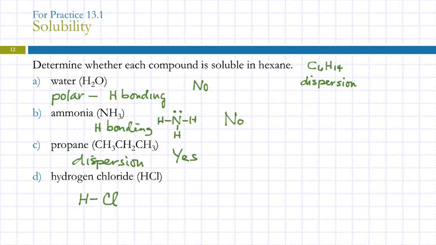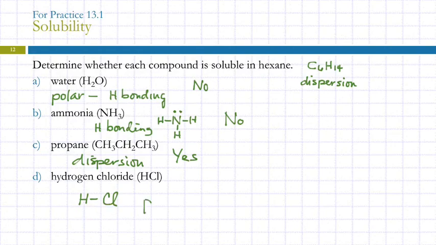And so if the two elements are different, I want you to assume that that's going to be a polar bond. That is not always true. But it's true most of the time, and most of the time is good enough for Chem 1A. The only exception is these carbon-hydrogen bonds. Those are nonpolar. So we look at this as two different elements. We say that's probably polar.